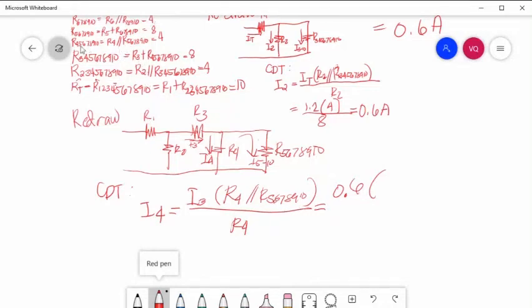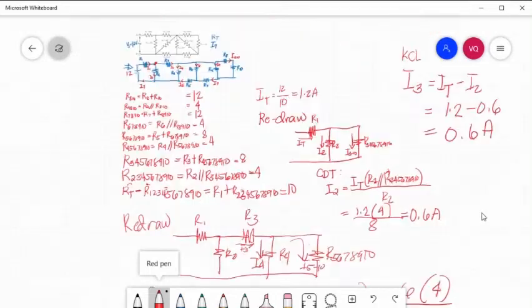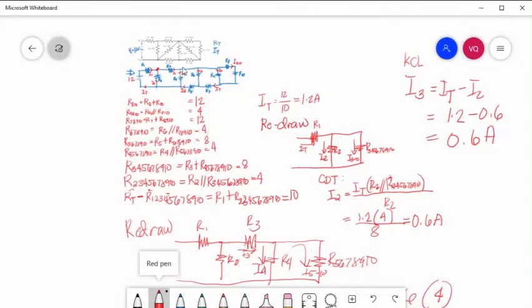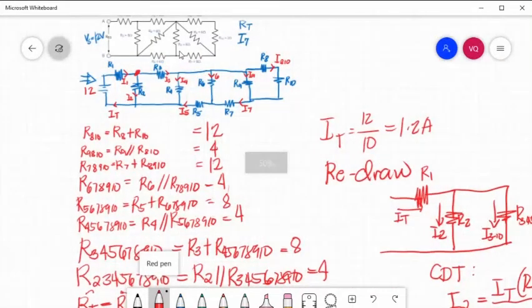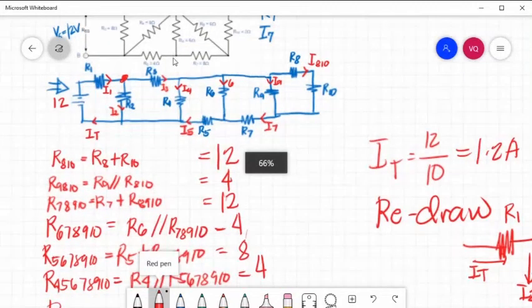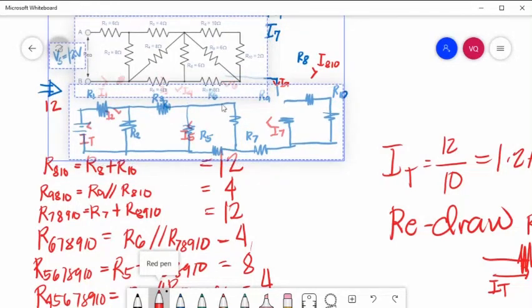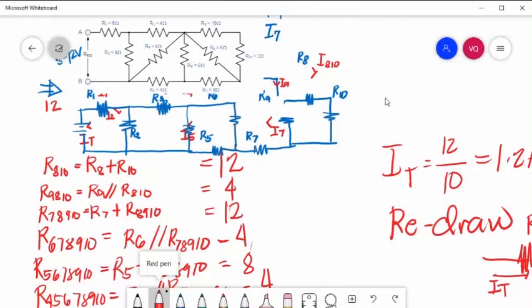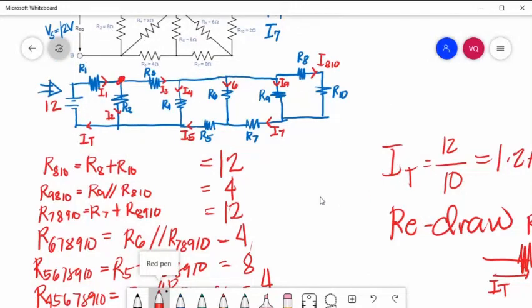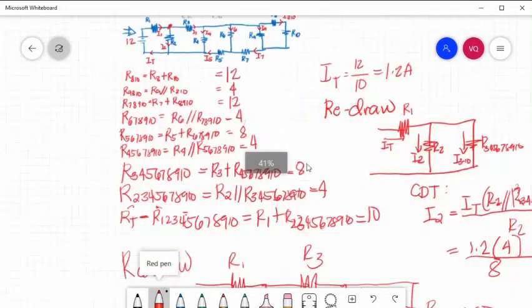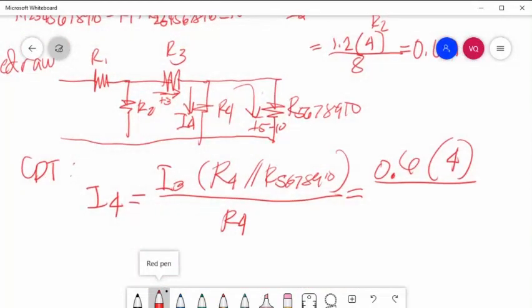So R4 in parallel with R5, 6, 7, 8, 9, 10 is equal to 4, divided by R4, which is equal to, what is the value of R4? 8 ohms. So divided by 8.